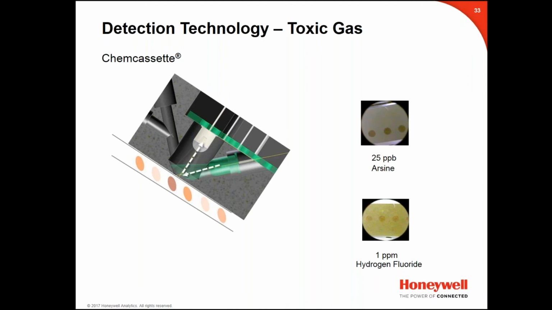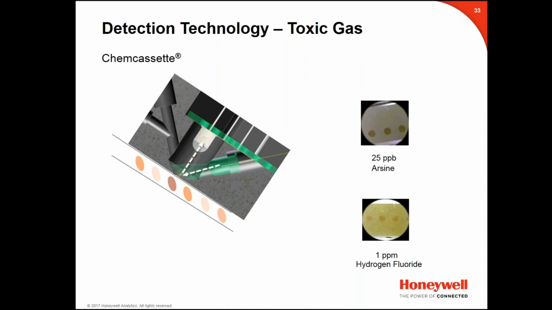ChemCassette, that's kind of the name of this technology and the name of the actual detection media. ChemCassette formulations provide a unique detection method that's not only fast, sensitive and specific, but it's also the only available system which leaves physical evidence that a gas leak or a release has occurred.